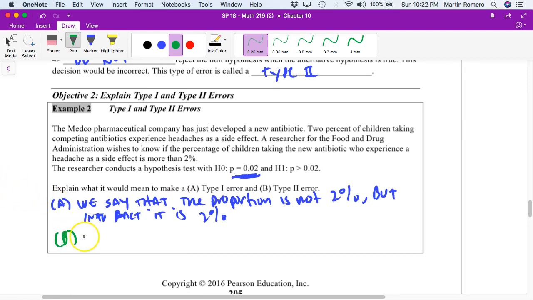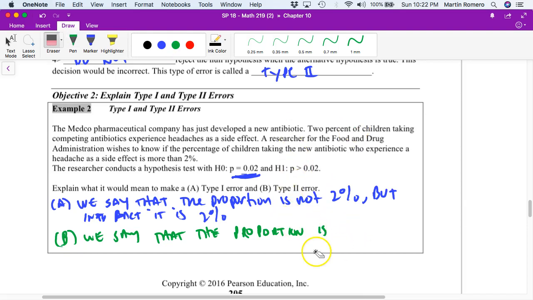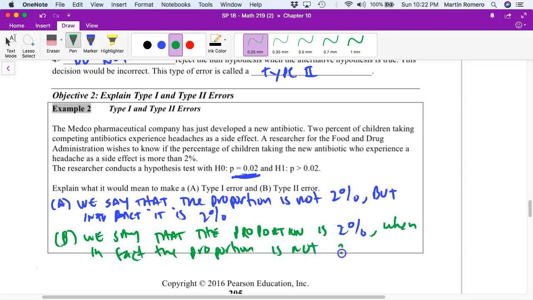So the type 2 error is to say that the proportion is 2% when in fact the proportion is not 2%.